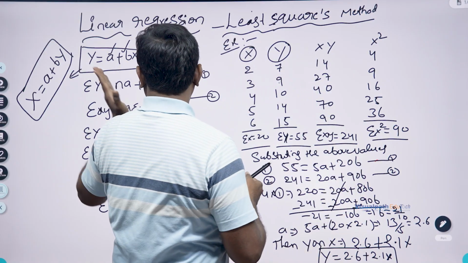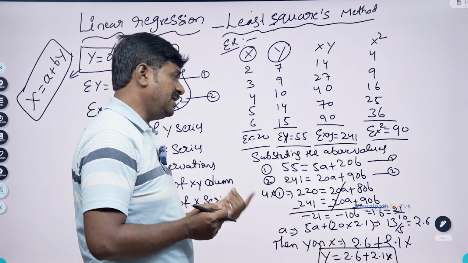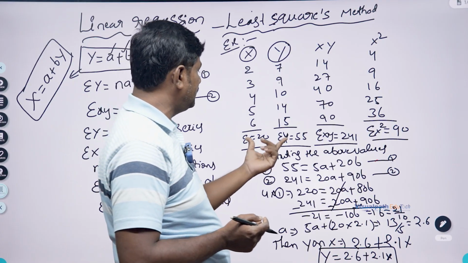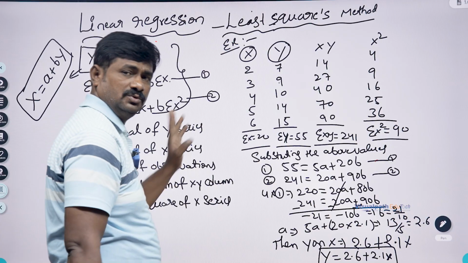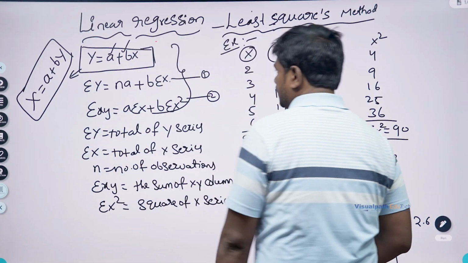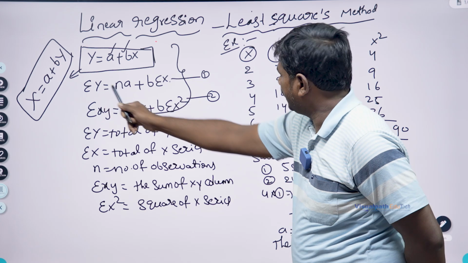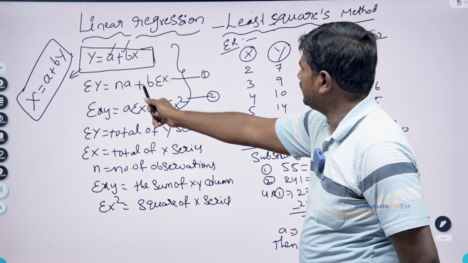To frame y is equal to a plus bx, we need to calculate the values of a and b. For that purpose, we substitute the above values into equations 1 and 2. In the first equation, sigma y is 55, which equals n into a plus b sigma x.